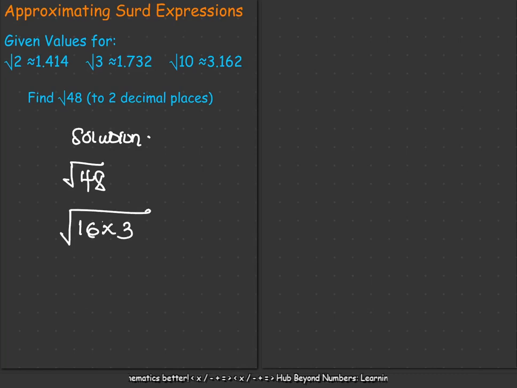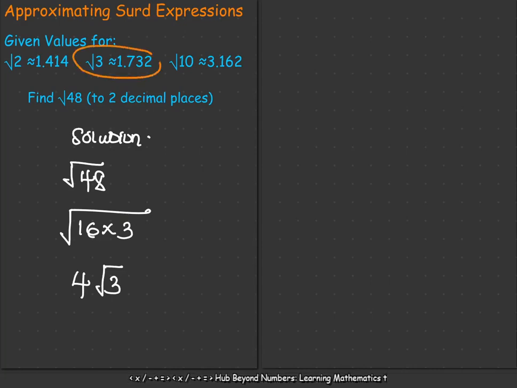Evaluating, we have 4 root 3. I do hope you know why we are getting that, because the square root of 16 gives us this 4 over here. And since the 3 is not a perfect square, we still leave it under the radical sign.